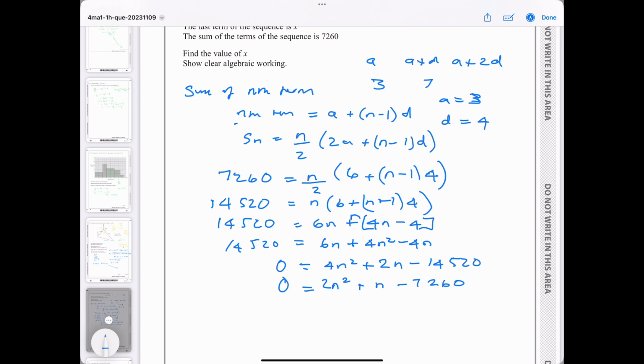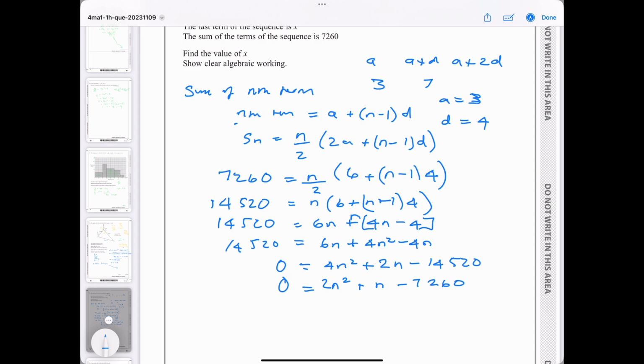Now, what goes into it, basically what leaves 1 and goes into 14520. It's almost the square root of it, but not quite. At this stage I would use the quadratic formula, because otherwise it's just a bit too hard.